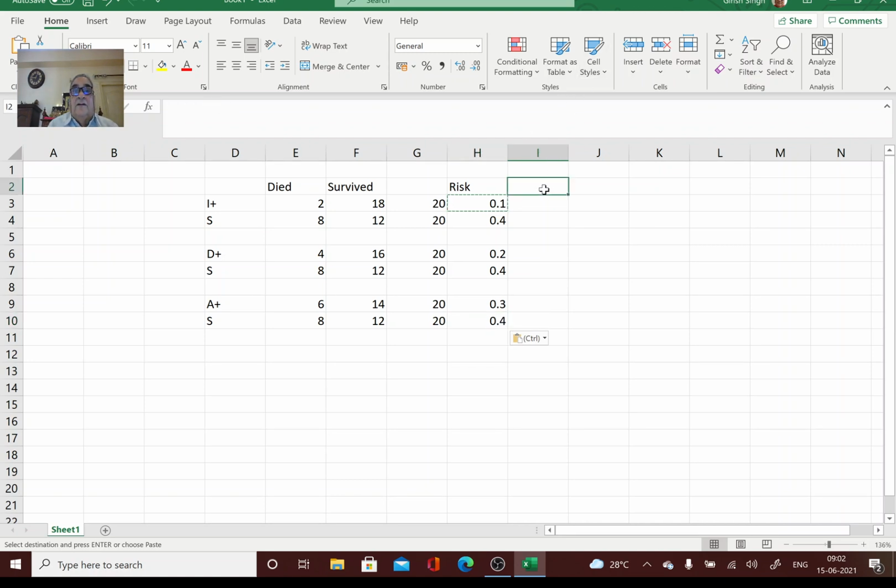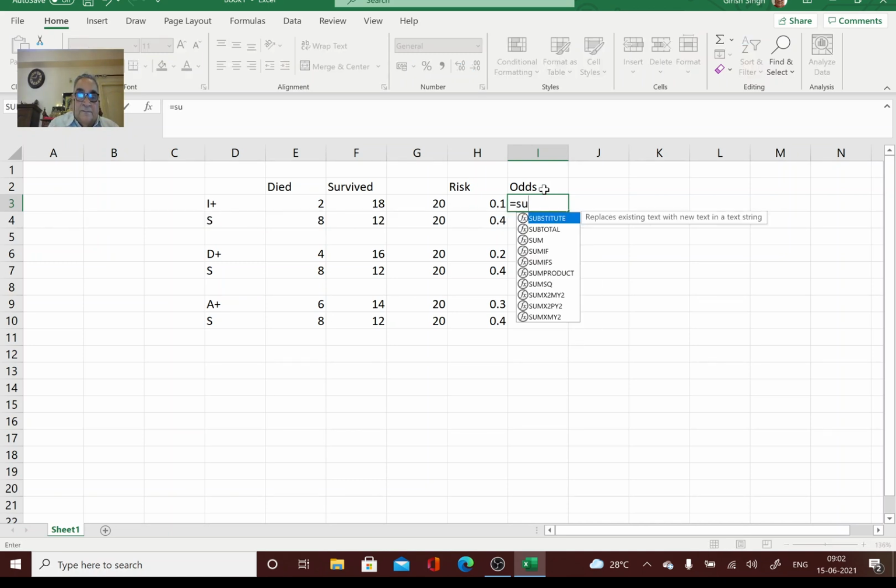Then what are the odds? Odds is equal to sum 2 upon 18. Here this 18 would not contain the 2. So we say 2 upon 18.